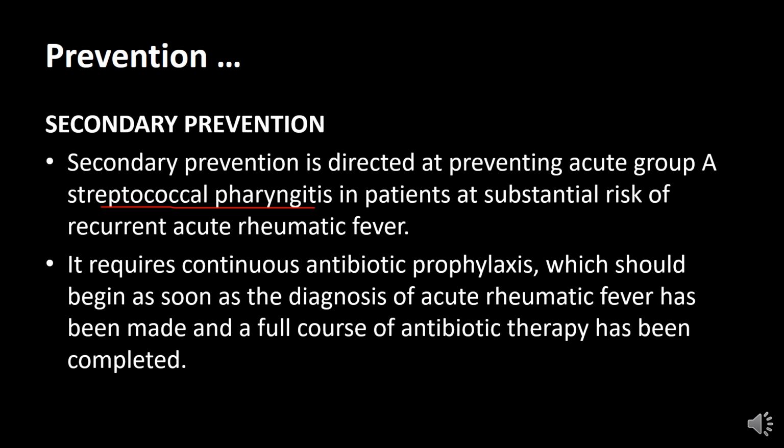They need to be protected from further recurrences of streptococcal throat infection, because the more they get these infections, the more they are likely to have recurrences of rheumatic fever. And if that rheumatic fever is associated with carditis, they have the chances of getting valvular damage. So these children need to be put on lifelong, not necessarily lifelong, but daily antibiotic prophylaxis.